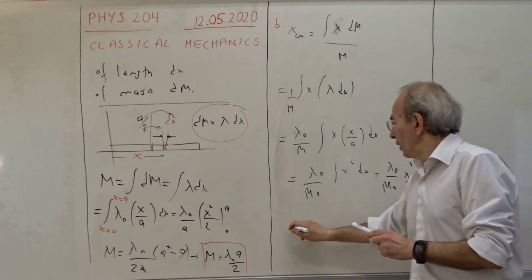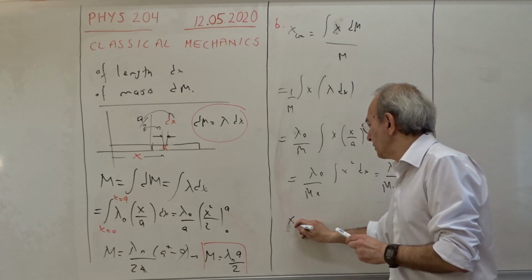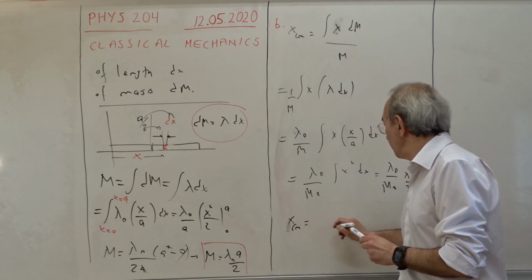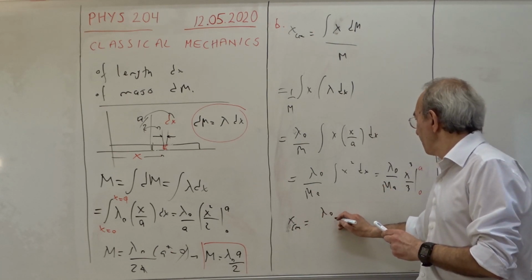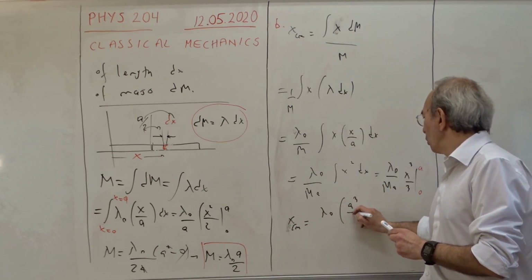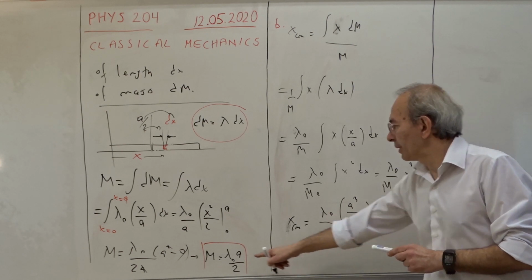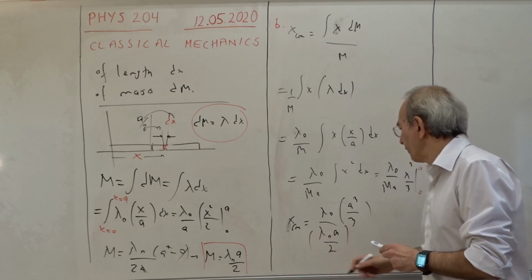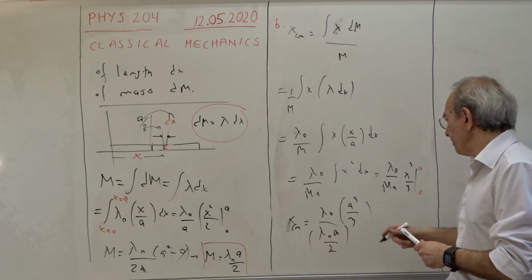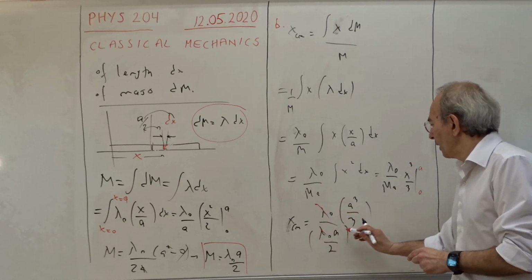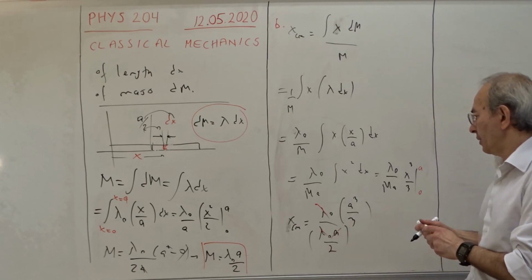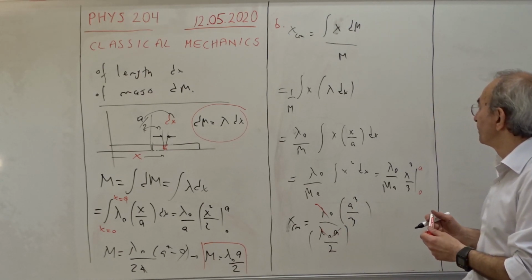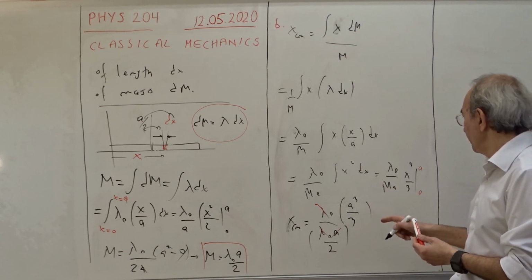Therefore, x center of mass will be lambda 0 a cubed over 3 divided by m, but m is lambda 0 a over 2. So as you write them, the lambda zeros cancel, a cancels one of them.